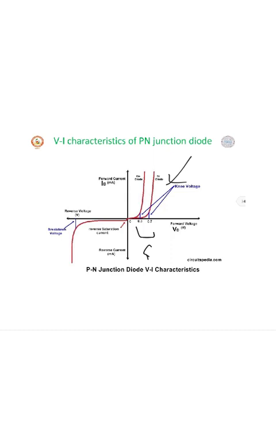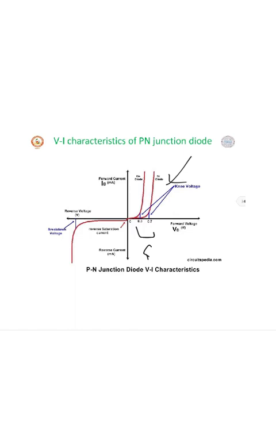Coming to the reverse characteristics of the diode. This is the off mode of the diode, where the P side is connected to negative. We will observe a few things here.